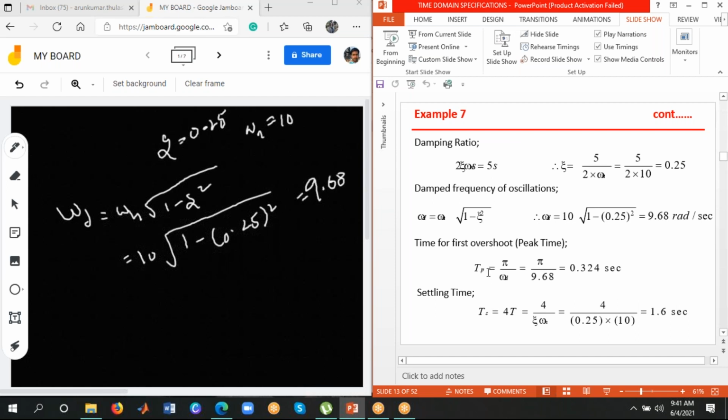Overshoot means the maximum value. Remember this well: TD is delay time, TR is rise time, and peak time is also called first overshoot. So TP is pi by omega d. Here omega d we already got as 9.68. Keep your calculator in radians mode and you will get 0.324 seconds.